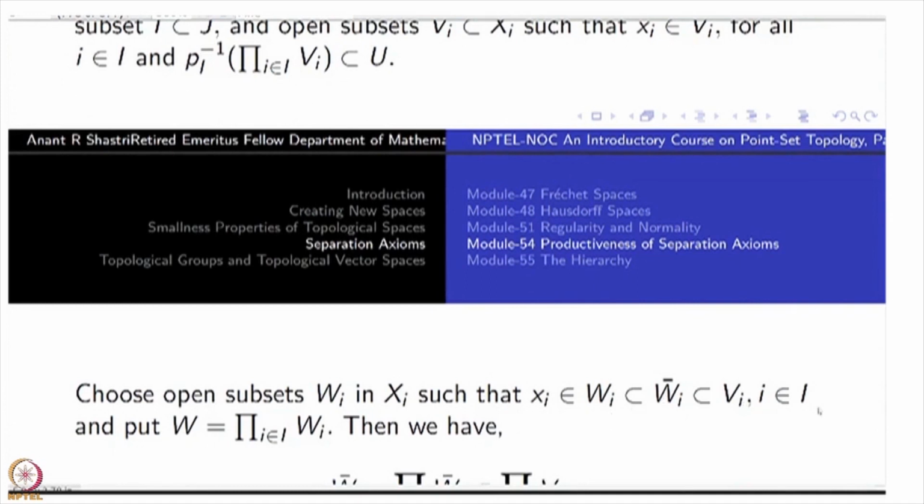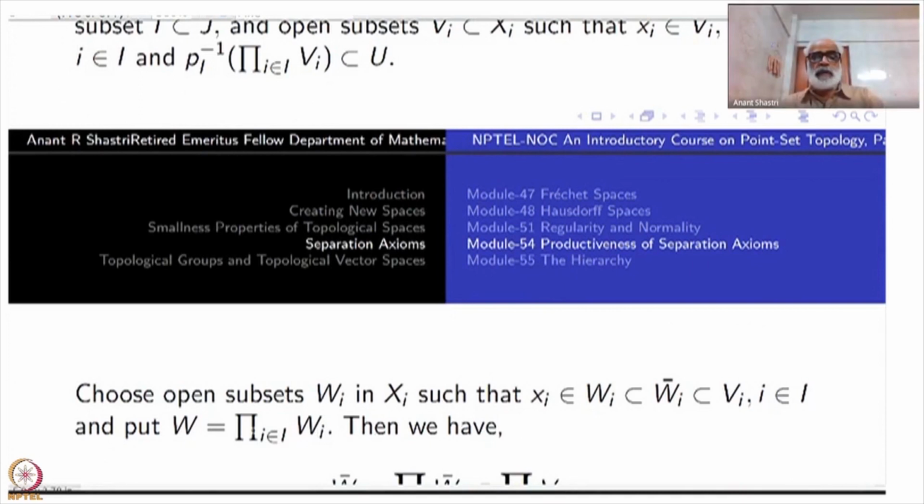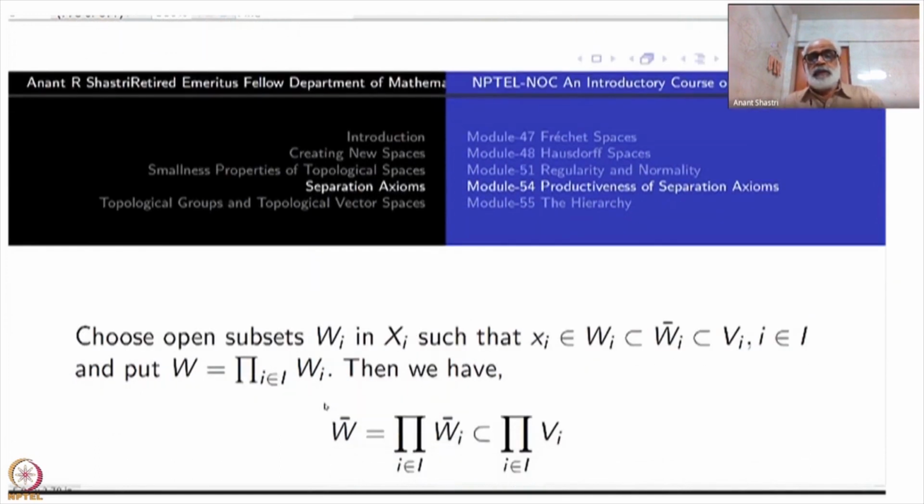This I can do for all i inside I, and then I take the product of these finitely many W_i's. That I am calling W. Then one thing which we have already checked all the time is that the closure of this product is the product of the closures. Each closure here contains the corresponding V_i, so this product will be contained in the product of the V_i's.